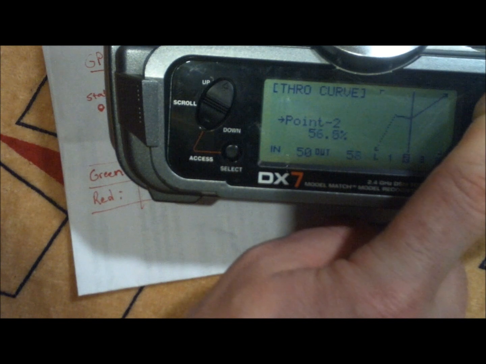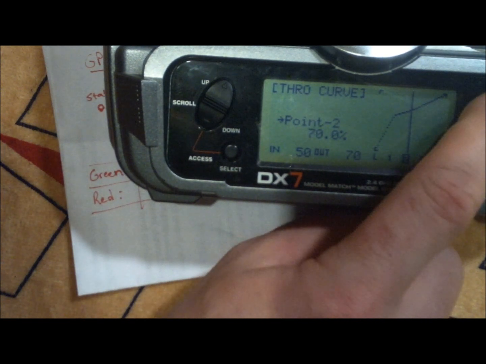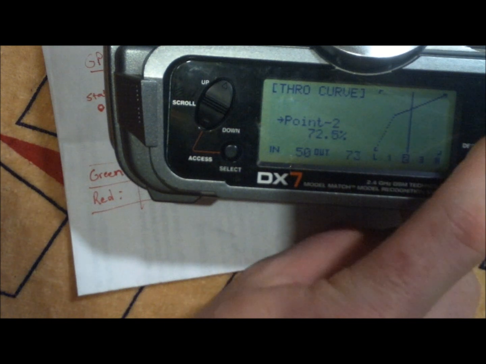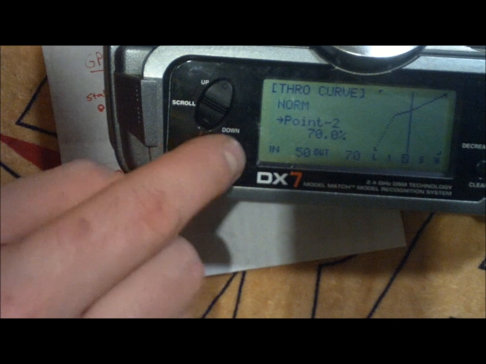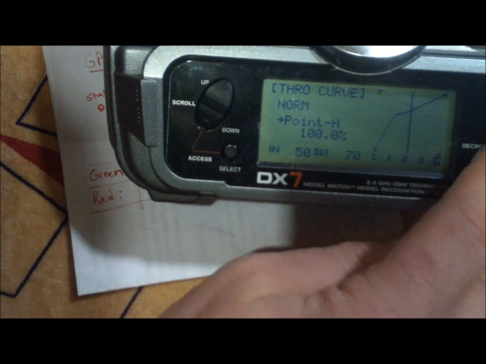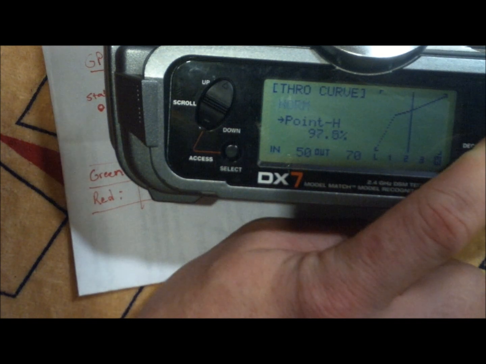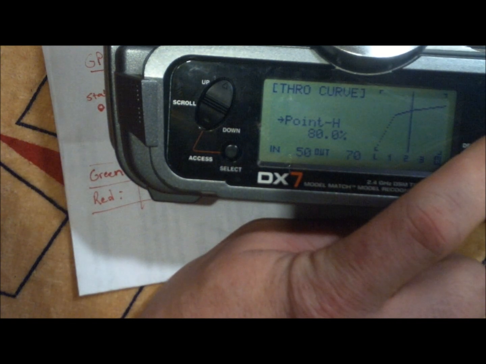and then get my second point up to about 70, 75. Again, personal preference. I'm going to go 70 just in this case. And then I drop the top point so I can peak out at about 80% or something. No, let's say 75.